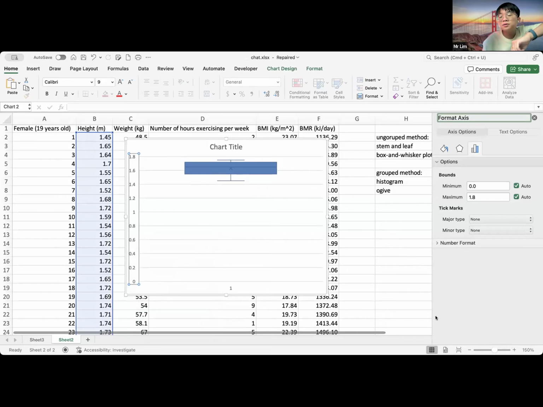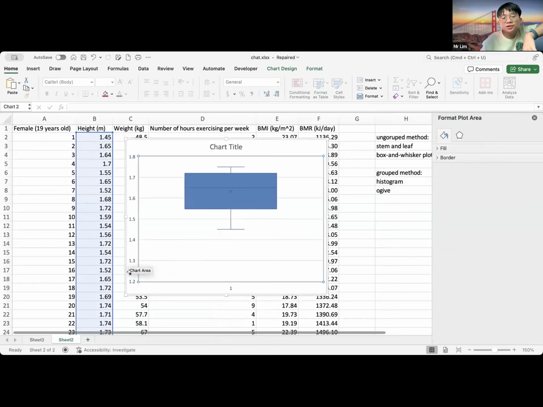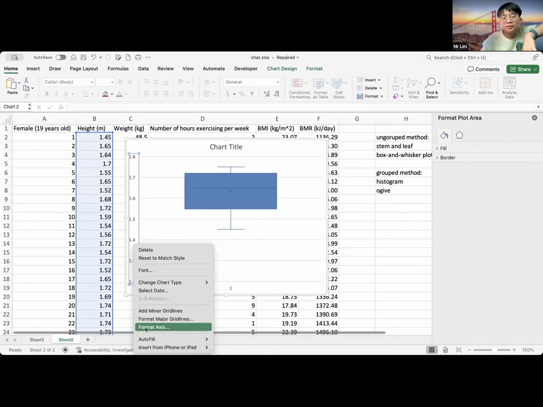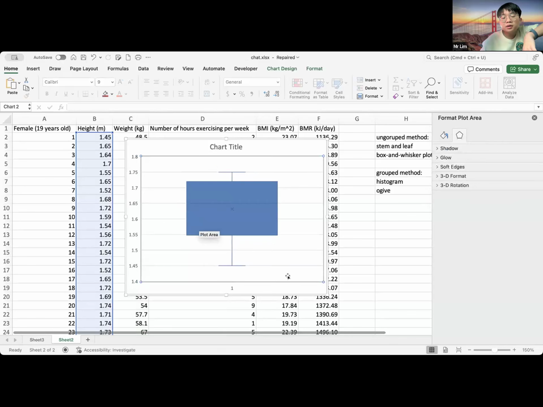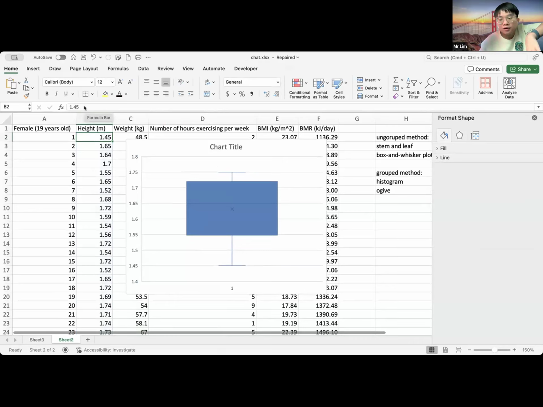Maybe we can set our minimum as 1.2. Done. Still not very nice to see. There are too many gaps here. Let's set 1.4. Okay, then you can see. 1.45 is still the minimum here. I wish to have a situation where you have an outlier. Let's see whether Excel can give you that. Suppose a person has only 1 meter.